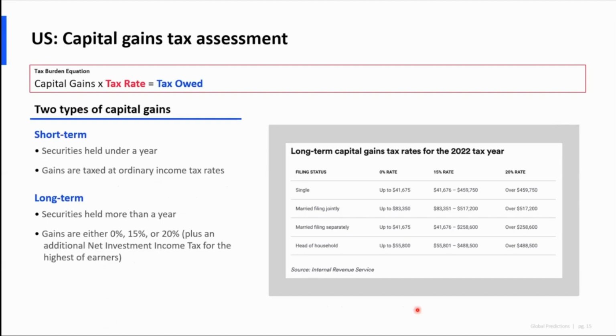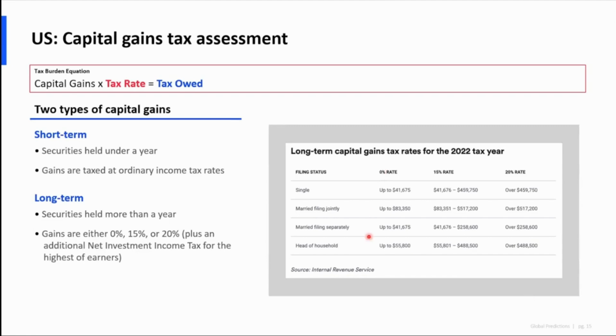The US is more complicated. Basically, you have short-term and long-term, and then you have this web of filing statuses and different things where you have to look up your rate. We have a blog post on this where you can find stuff like this table here, which is for long-term.